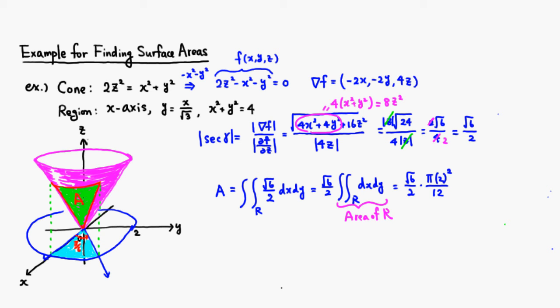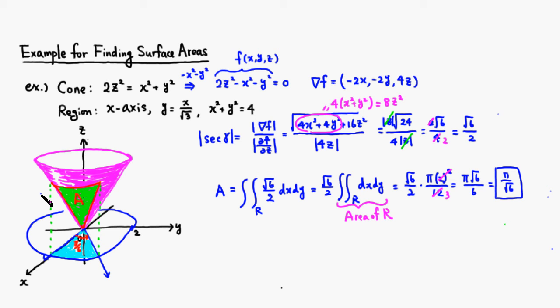We can cancel, and we get pi square root of 6 over 6, which is pi over square root of 6. So this is the area of this portion right here.